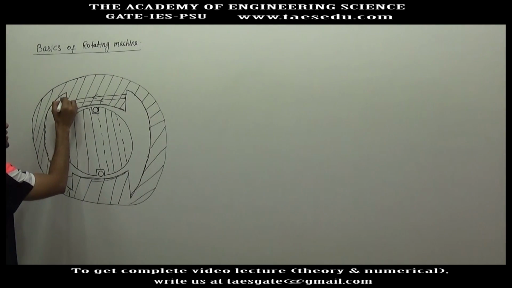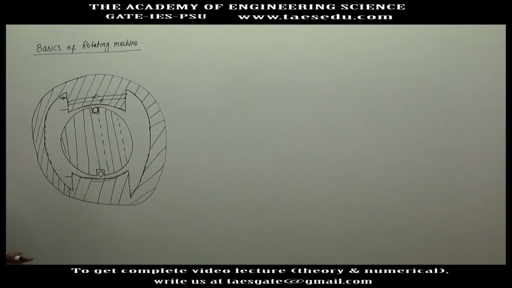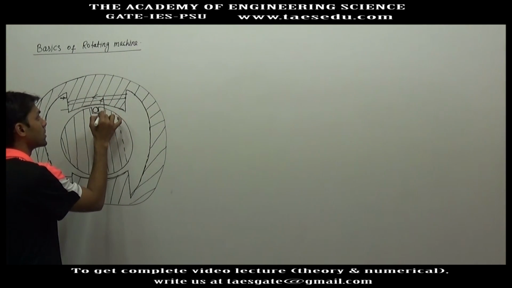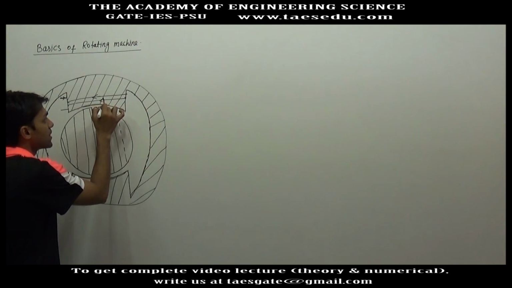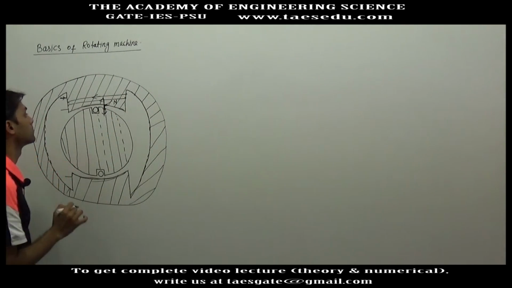The direction of current and orientation of winding is such that the direction of flux is downward. So the magnetic lines will leave the stator material here, and this part of the stator will be called the north pole.